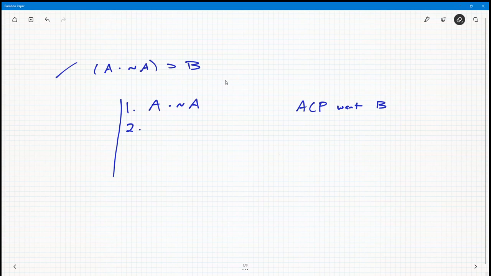And what next? Well, again, fall back on our usual strategies and tactics. At this point, it's an old standby strategy: B seems to come out of nowhere, right? This B isn't related, it seems, to the antecedent at all. And so where are we going to get it?